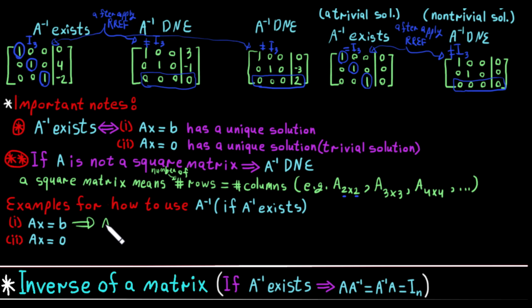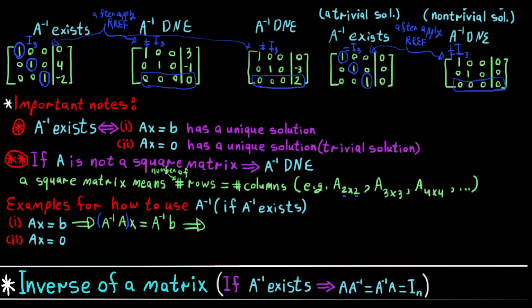So A inverse, because we multiply here by A inverse, then AX equal, since we multiply here by A inverse, we have to multiply here from the left A inverse multiplied by B. Then, as you can see here, A inverse multiplied by A, I will put a bracket here, which is equal to identity.